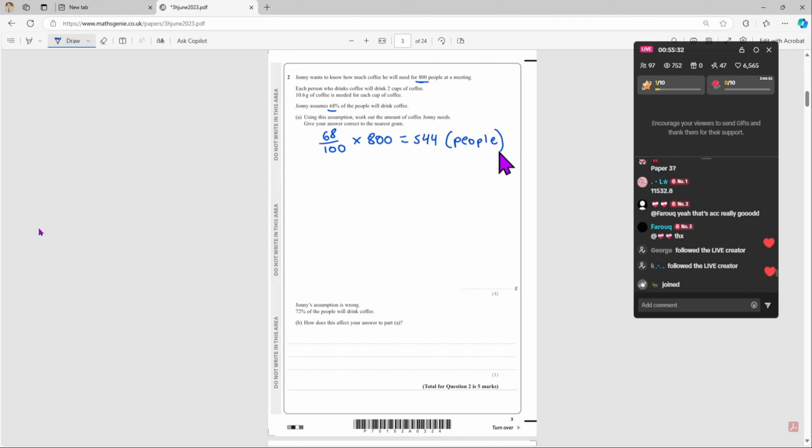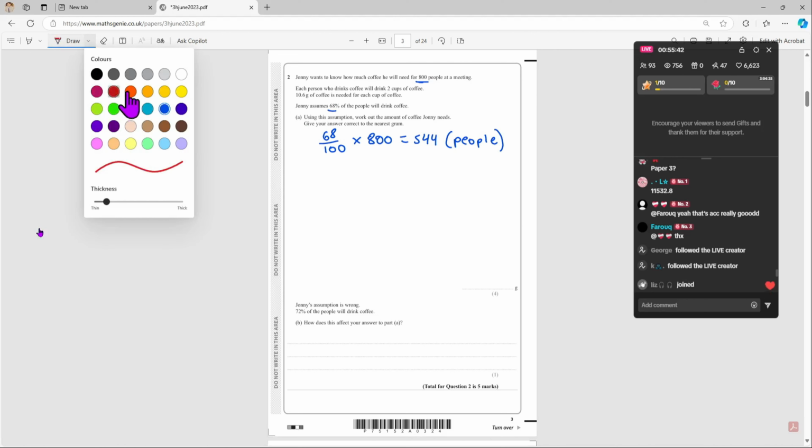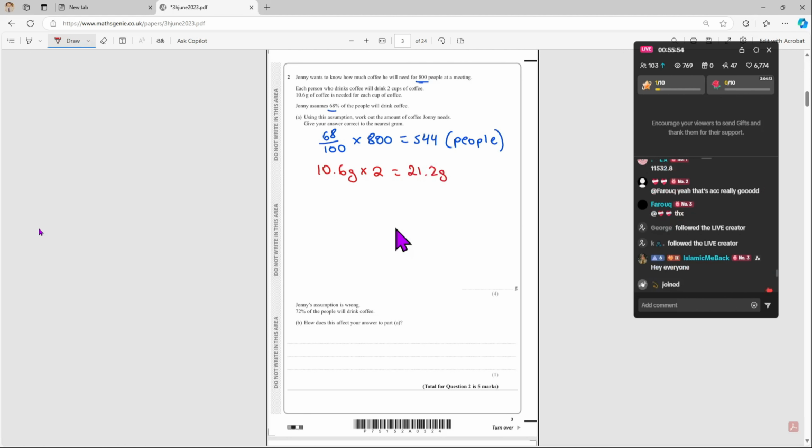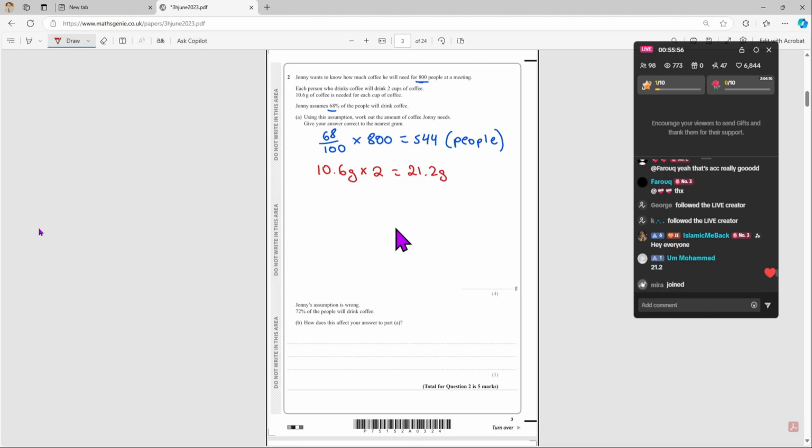Now we need to work out how much coffee he actually needs in grams. We do 10.6 grams times 2, because that is how much one person will drink. That gives you 21.2 grams of coffee drunk by one person.